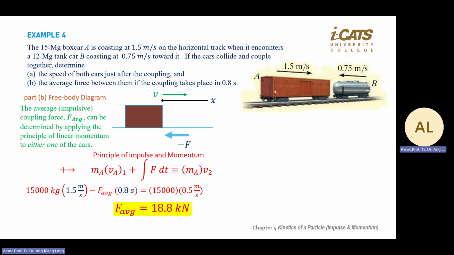Same, only the values change: for B, it means MB, and this F is the same, but F is pointing to the right, and it's positive, not negative. And velocity V2, if you do B, V2 will be positive. Only VB will be negative. So just be careful about the positive and negative.